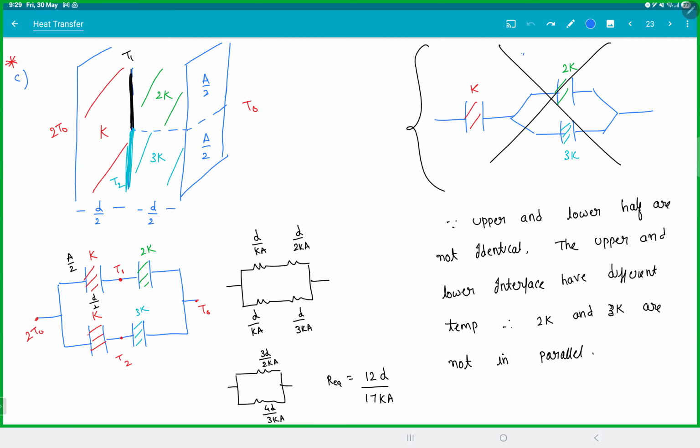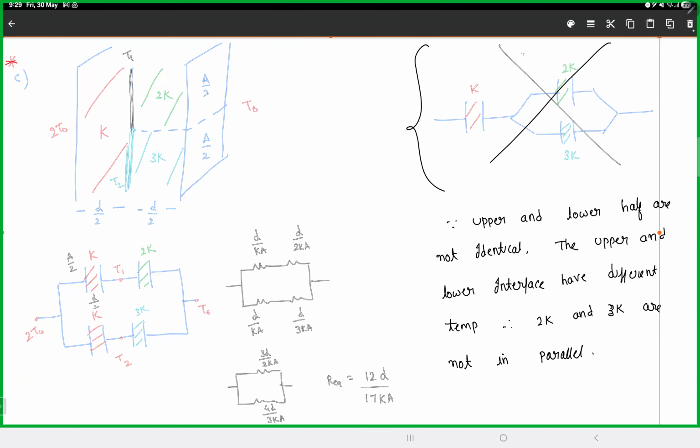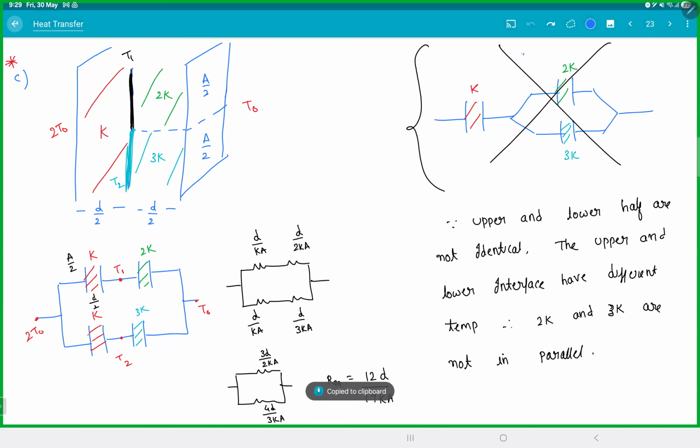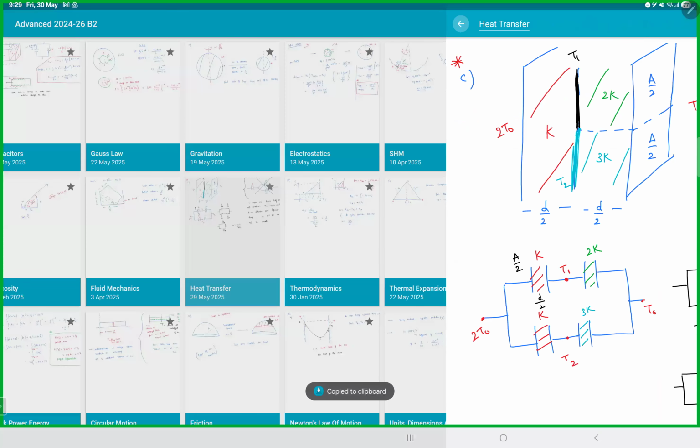You're getting this? So you can't take them in parallel.